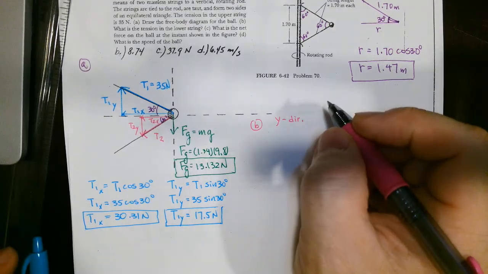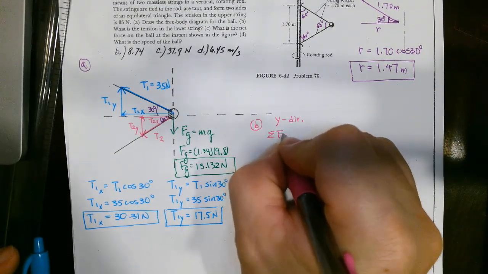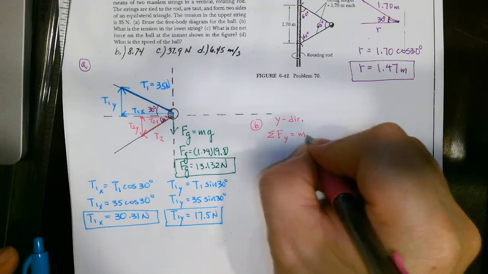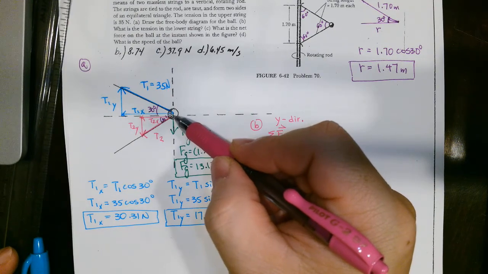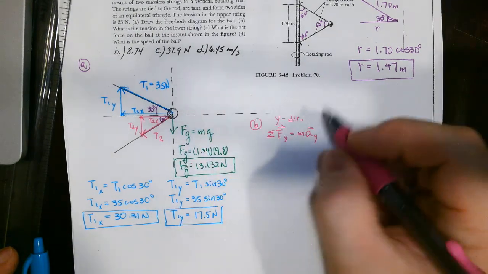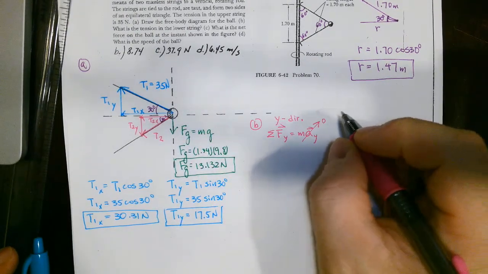If we look at the y direction, the sum of all forces in y is equal to m a_y. Of course, this ball is not accelerating in the vertical direction at all, so we know a_y is 0.